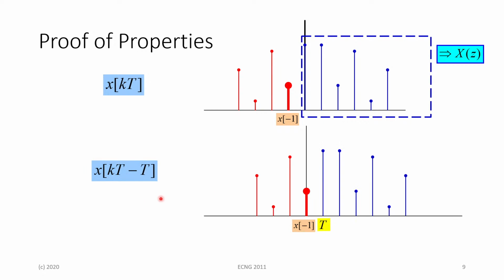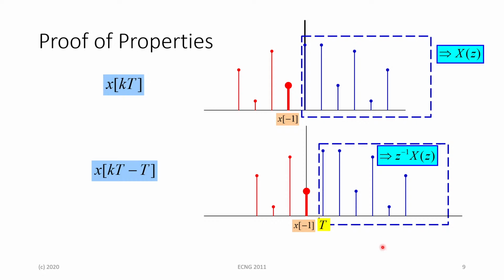However, when we delay the signal by one sample, that means we shift this entire signal to the right by one sample. So this x of minus 1 value that existed on the negative side of the axis now becomes the x of 0 on our new x of kT minus T signal because of the shift.